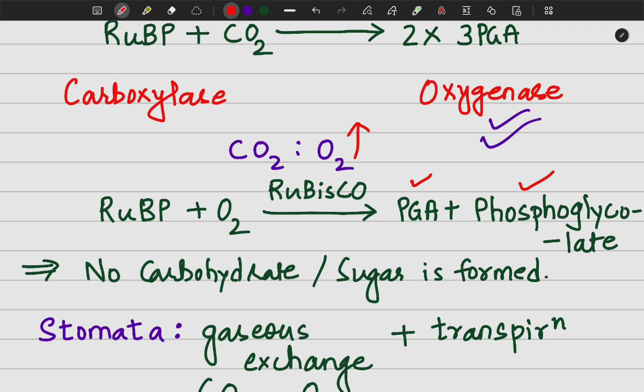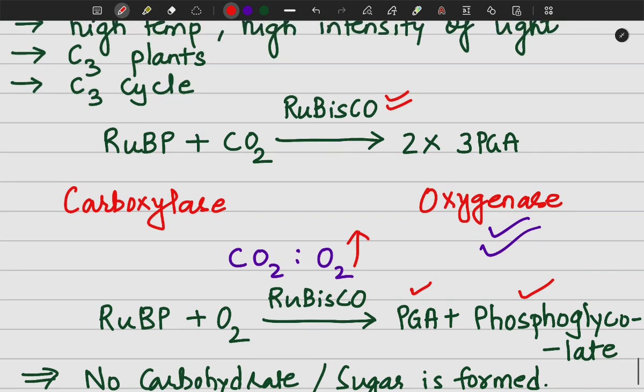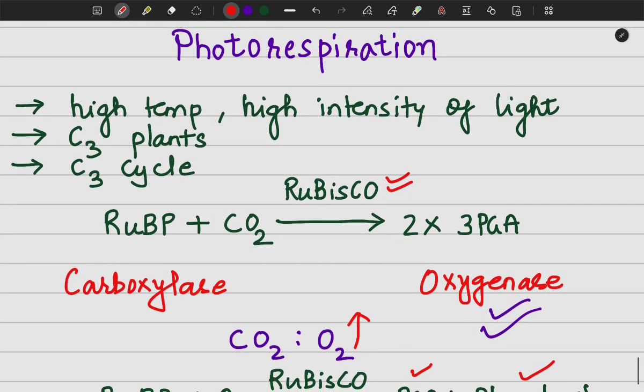Alright, so this process, which is occurring in the case of high temperature and high intensity, where phosphoglyceric acid or phosphoglycolate is being produced because the concentration of oxygen becomes higher inside the leaves, this process is called photorespiration.